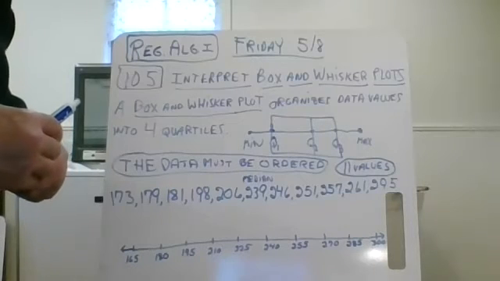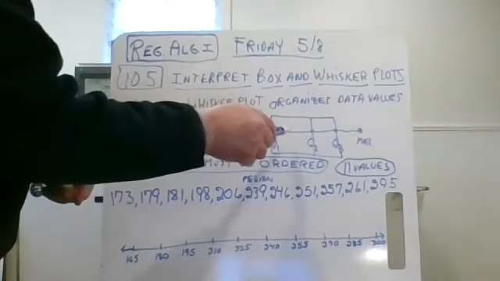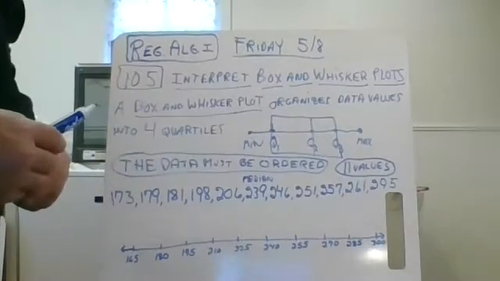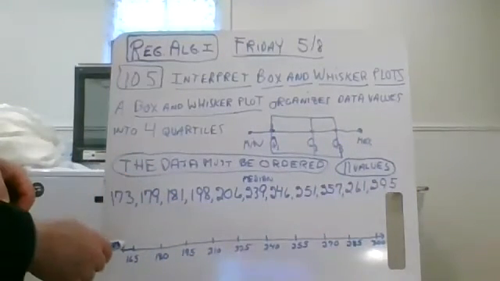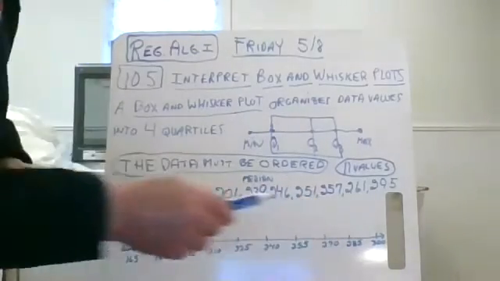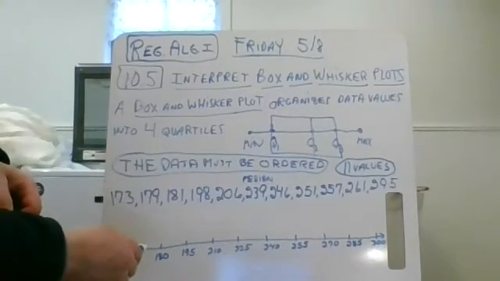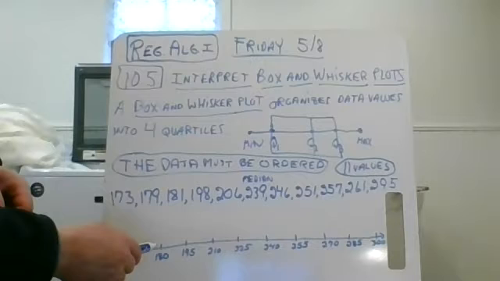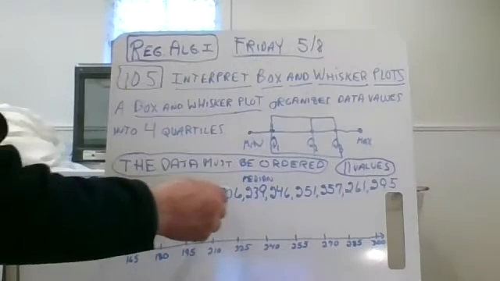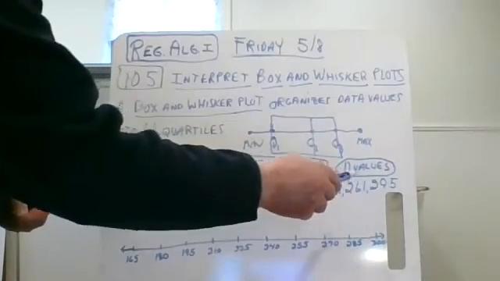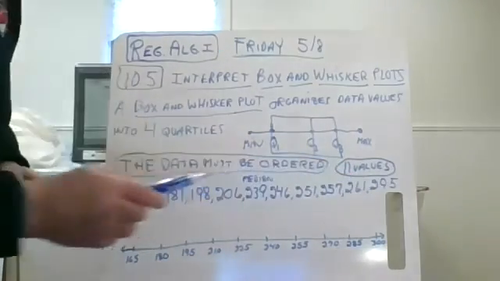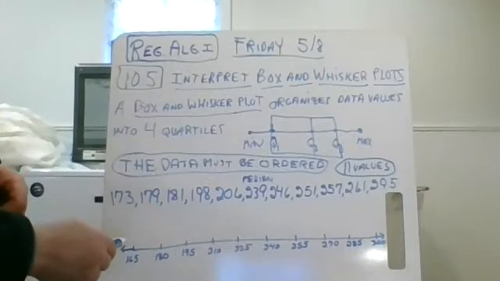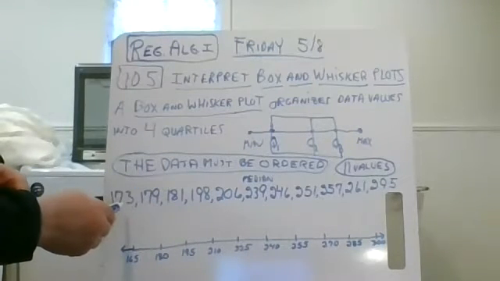All right. So the way we're going to come up with this box and whisker plot, the first thing you're going to do underneath it is draw a number line. And on that number line, you just want to make sure you contain all the values of the data. So it has to go from 173 to 295. Now, it doesn't have to start at 173.